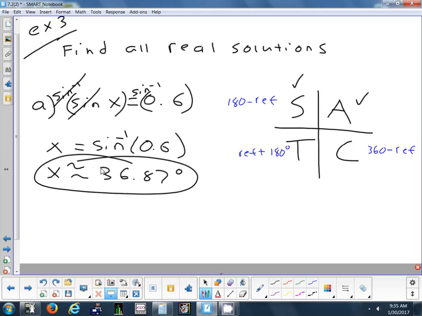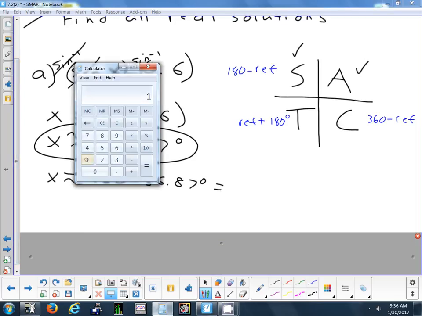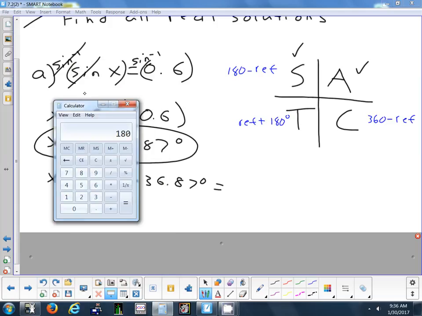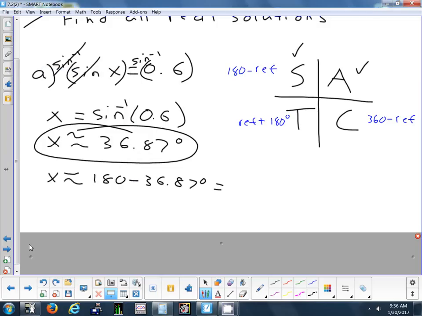So my second answer should be in quadrant 2. In quadrant 2, you need 180 minus your reference angle. So let's write that down: 180 minus 36.87. That is the second answer, 143.13. Now, how often does that answer keep repeating itself?